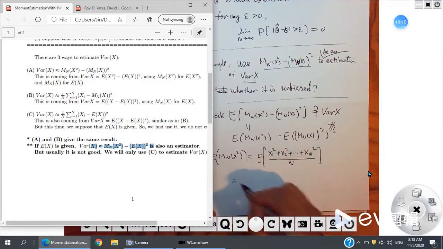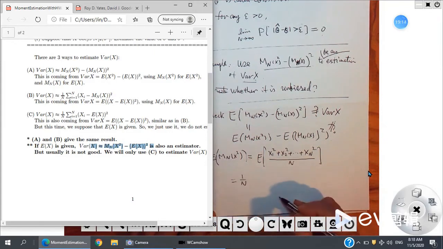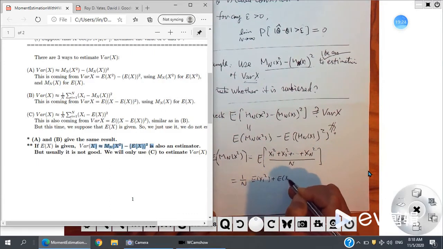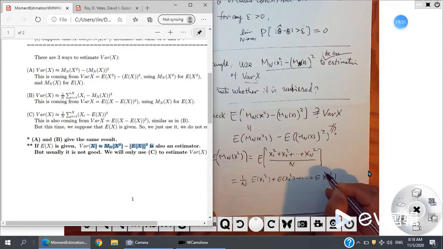Then this one will be 1 over n. I can just move it out of the expectation value, and E of the summation of them is just E of x1 squared plus E of x2 squared plus E of xn squared.